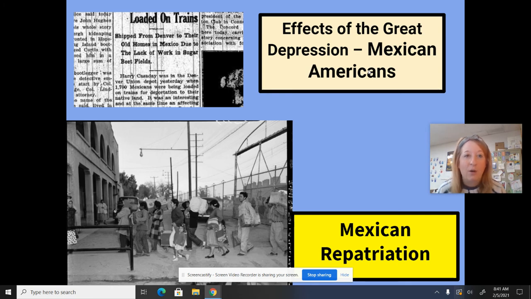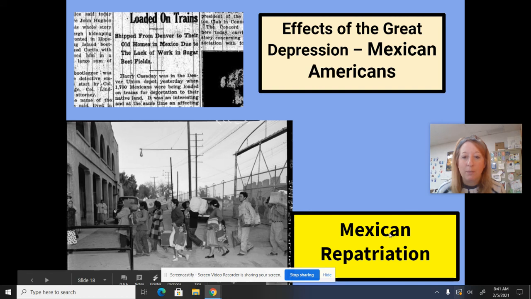Essentially, our government deported over 500,000 Mexican American citizens and immigrants back to Mexico so that there were more jobs available for Americans. It's important to note that of those who were deported, 60% were actually legal citizens of our country. So this is obviously a very devastating impact. Again, this is known as Mexican repatriation.